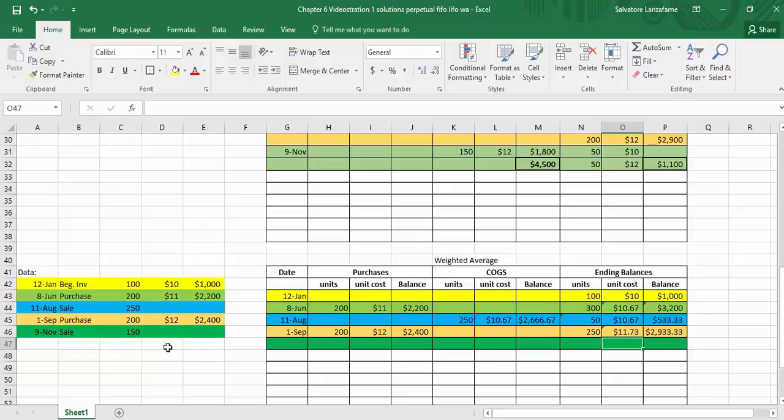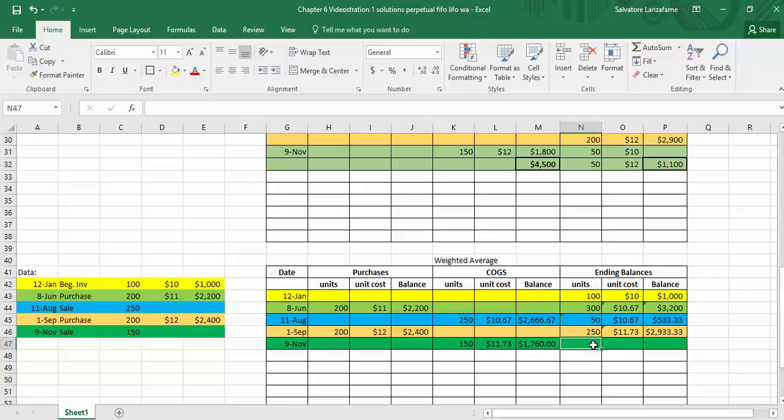Notice how the value of the inventory is increasing because it's costing us more to acquire the inventory. So again, we're in an inflationary scenario here, so not unusual for this to be happening. November 9th, we get to sell, and we're going to sell 150. We're selling them at that 11.73 figure. And when we do this multiplication, 150 multiplied by the 11.73, 1,760.